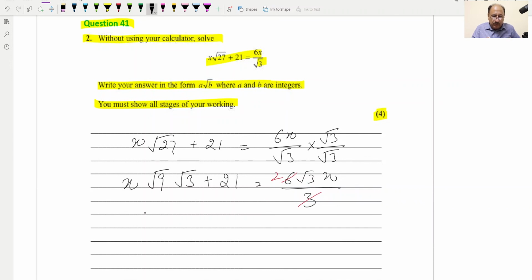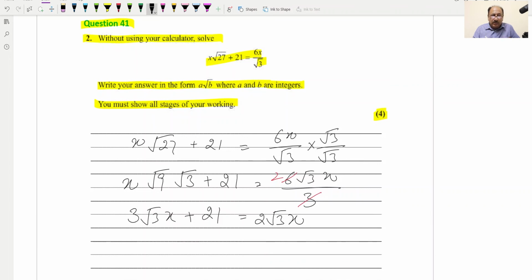What we can do, we can multiply everything by under root 3. Before that, we will just simplify this, and this will be 3 under root 3x plus 21, and this is equal to 2 under root 3x.